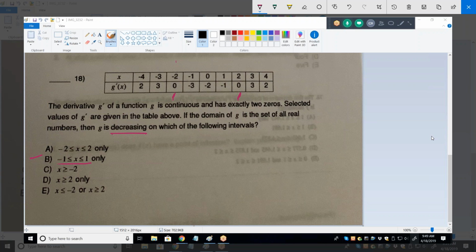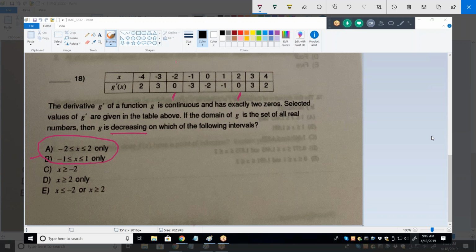In other words, what they're asking you to do here is decide whether it's increasing at -2 or 2. I'm beginning to think you need to ask your teacher here. Because we've got two questions in a row that, if you assume the previous question was not a typo, no, there's no way A can be the answer here.